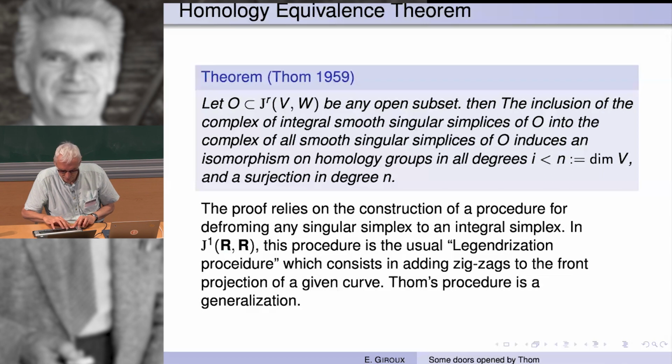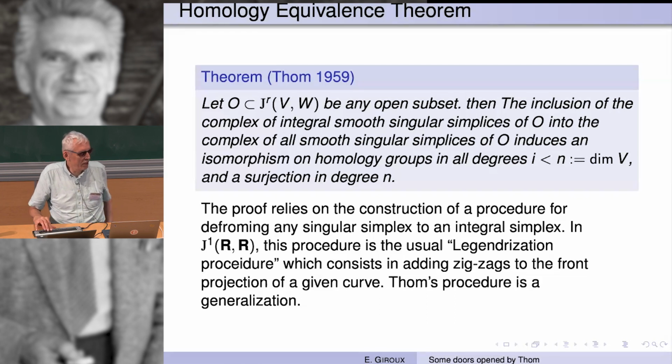Take an arbitrary open set in the r-jet bundle and consider the inclusion of the complex of integral smooth singular simplices with values in your open set, the inclusion of this complex into the whole complex of smooth singular simplices.